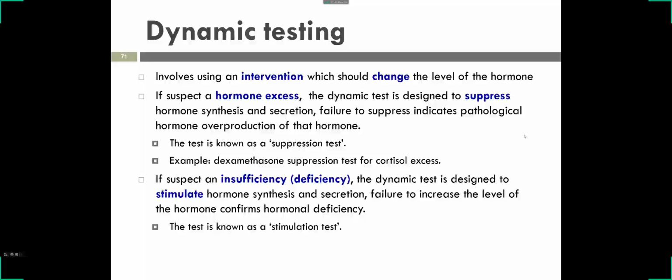So in this case, you want to give the patient something that will drive up, for example, cortisol. A common test is synthetic ACTH, which is testing for cortisol deficiency. You give ACTH, that should drive the adrenal glands to make cortisol.